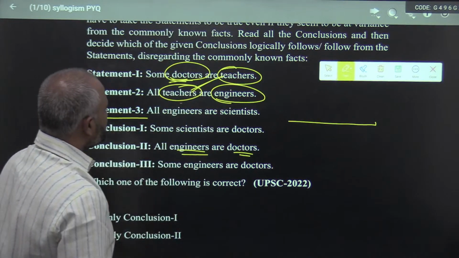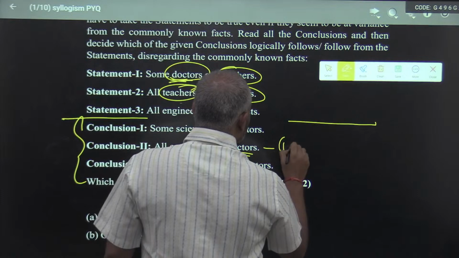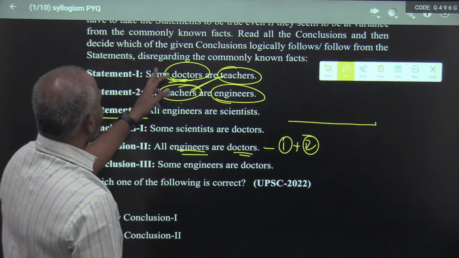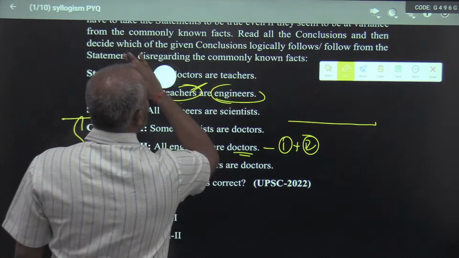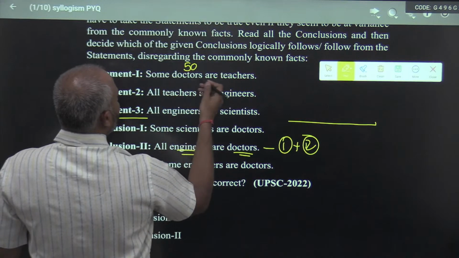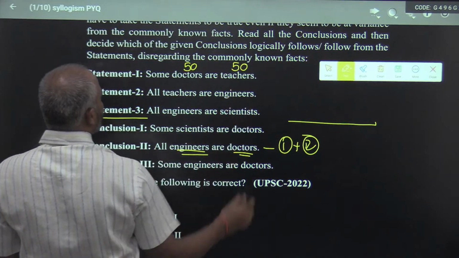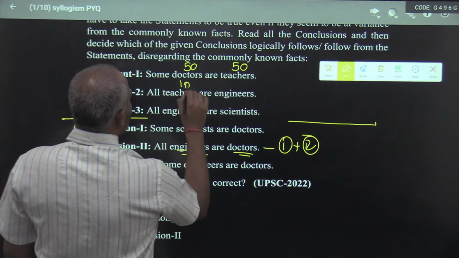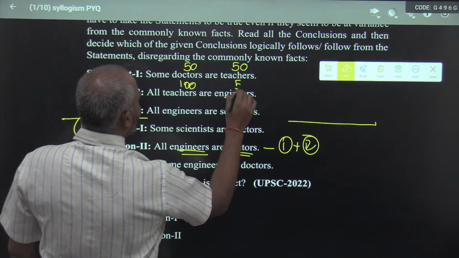So for conclusion 2, I will draw from statement 1 plus statement 2. Now name this. Some doctors, which is 50. So teachers, since this is a positive statement, this is also 50. Next, all teachers 100, positive statement 50.